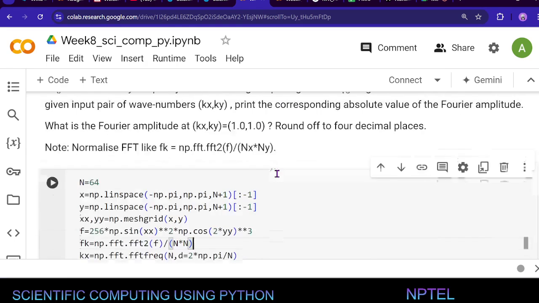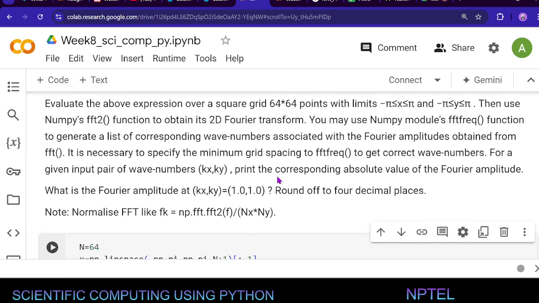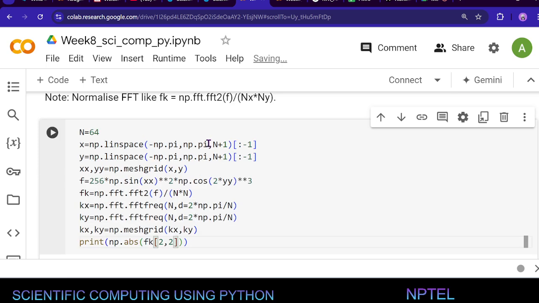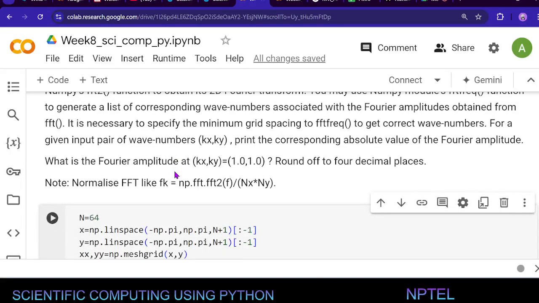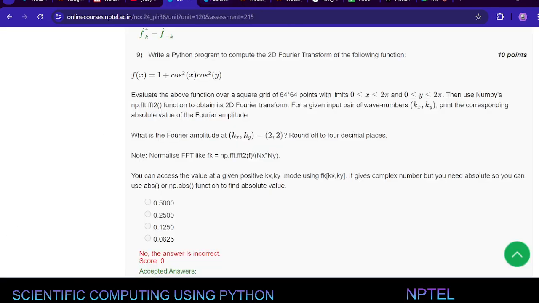Is that true? Oh, right, kx also starts from 0. So it should be 2 comma 2. But x is from 0 to 2 pi, right? So x is from 0 to 2 pi, and this is 0 to 2 pi.